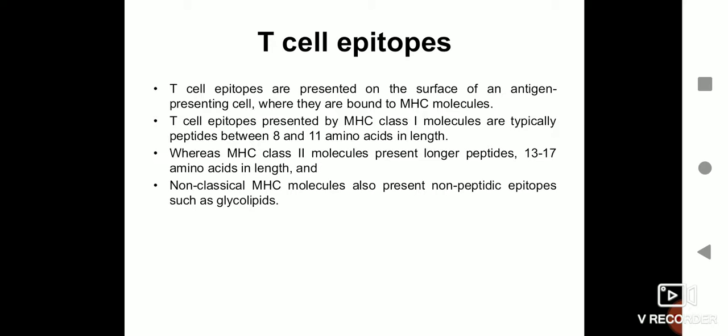Okay? And T cell epitopes are present on the surface of any antigen presenting cell, bound by MHC molecules. T cell epitopes are presented by MHC class 1 molecules and class 2 molecules.